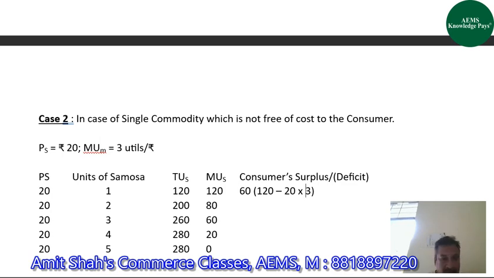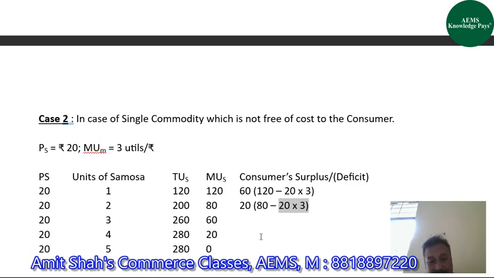Yes or no? Now, since here he got surplus of 60 utils, he went for second samosa. Again he spent rupees 20. Again he expected 60 utils. But this time he got 80. So his surplus here is 20. That is 80 minus 20 into 3. 20 into 3 is nothing but his expectation from the samosa.